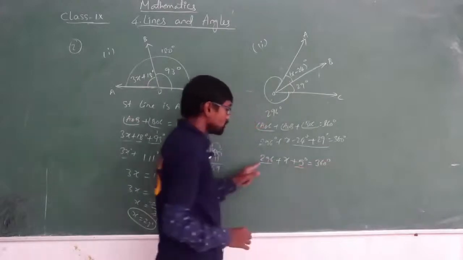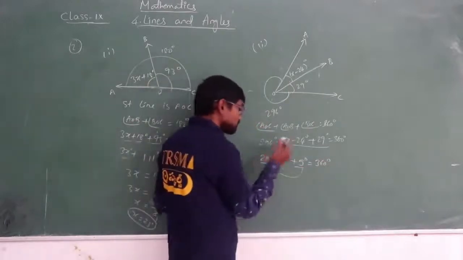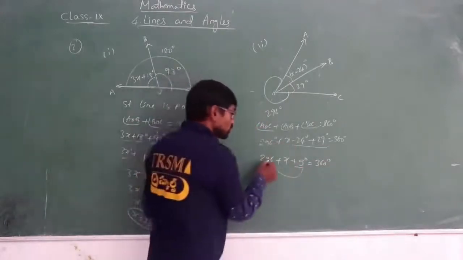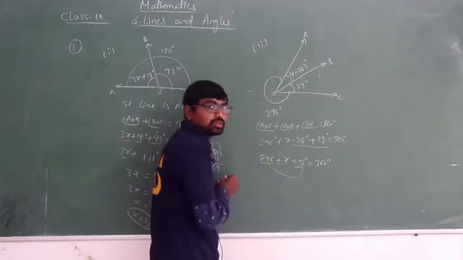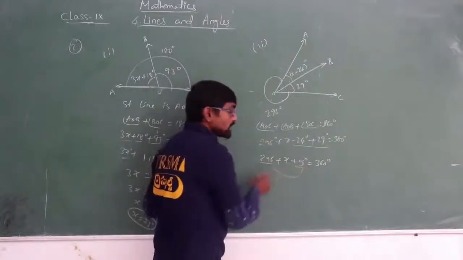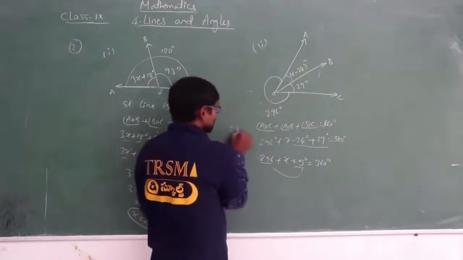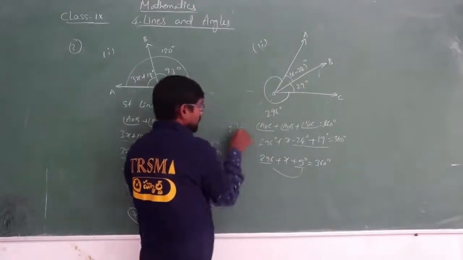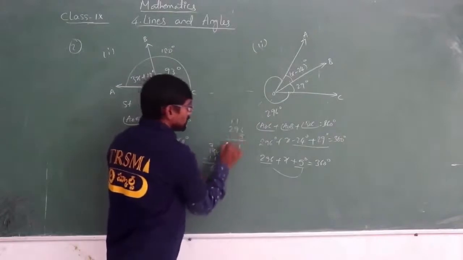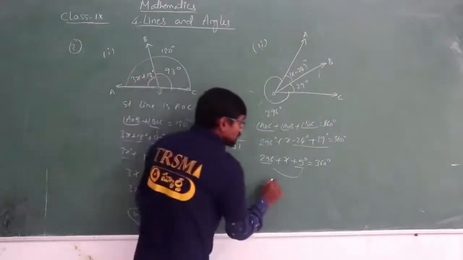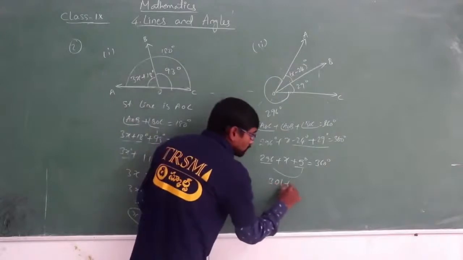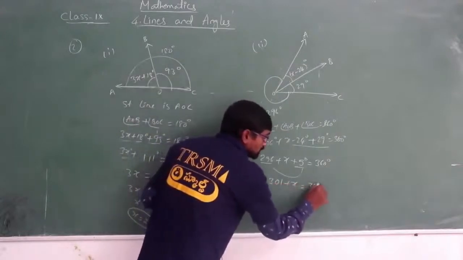If I add these both, as they are like terms, 296 plus 5, how much? 296 plus 5 is 301, isn't it? You can check: 6 plus 5 is 11, 9 plus 1 is 10, so 301. So here 301 plus x is equal to 360 degrees.